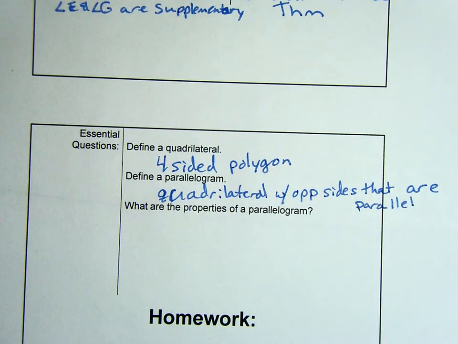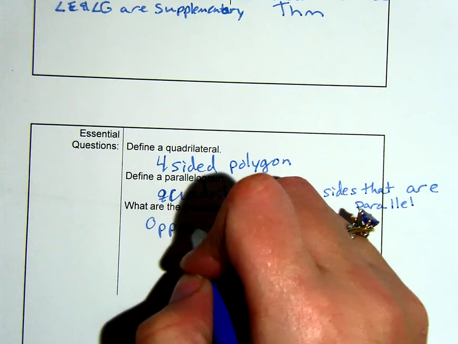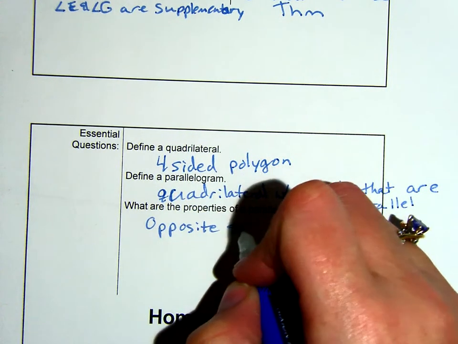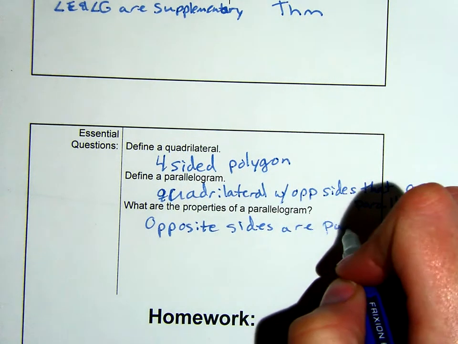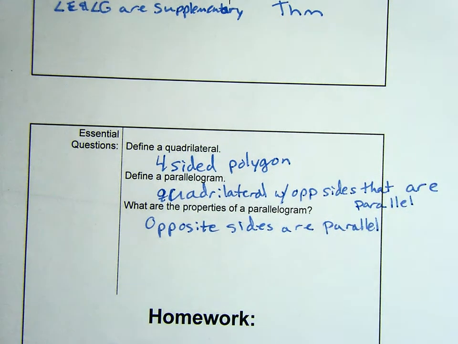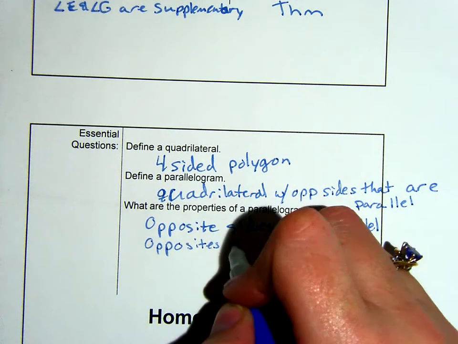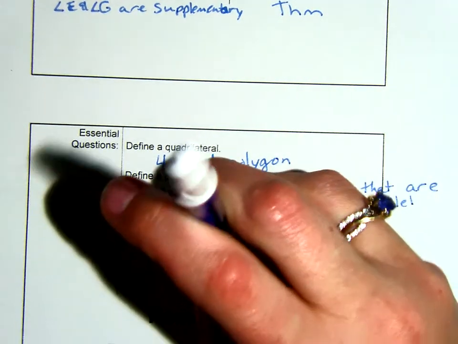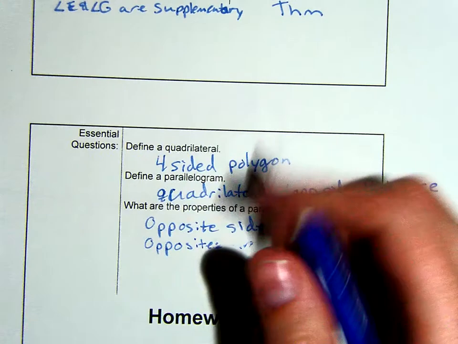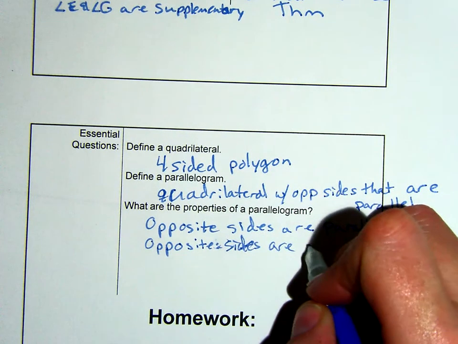Okay, what are the properties of a parallelogram? These are our theorems that we discussed. Opposite sides are parallel. Opposite sides are congruent. I didn't write the word sides, sorry.